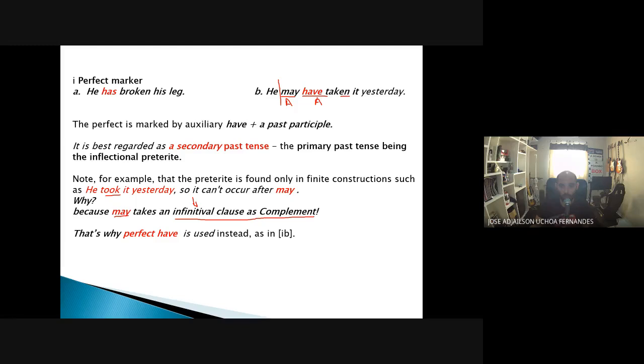That we have two auxiliaries here and a main verb. We have three verbs. The first two are auxiliaries. The first one is a modal auxiliary, the second one is an auxiliary with the function of perfect marker. And the third one, finally, is the main verb in its participle form. Right, guys? Okay.